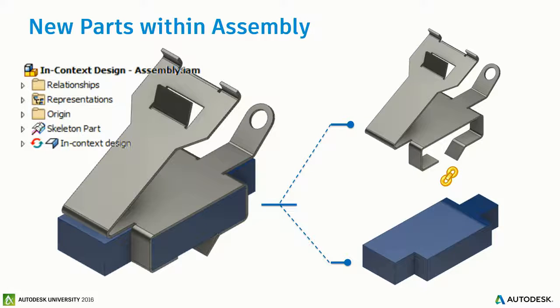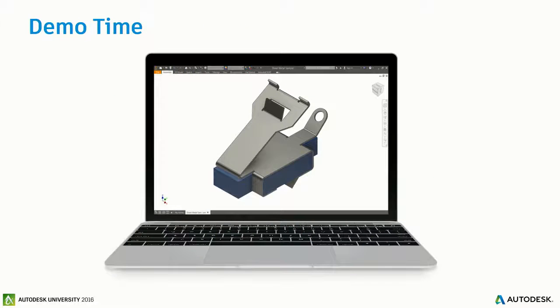So for this part, this blue one is a skeleton model. And I create an assembly, place it in, and create a new part, which is associated with this skeleton model. So we can make a quick demo for this one.